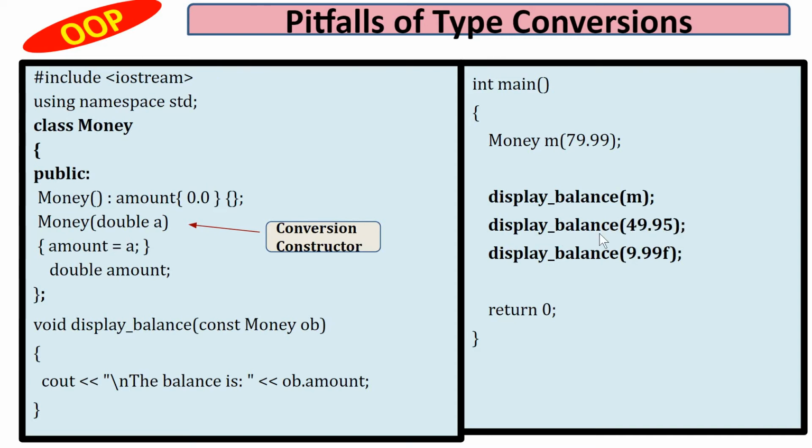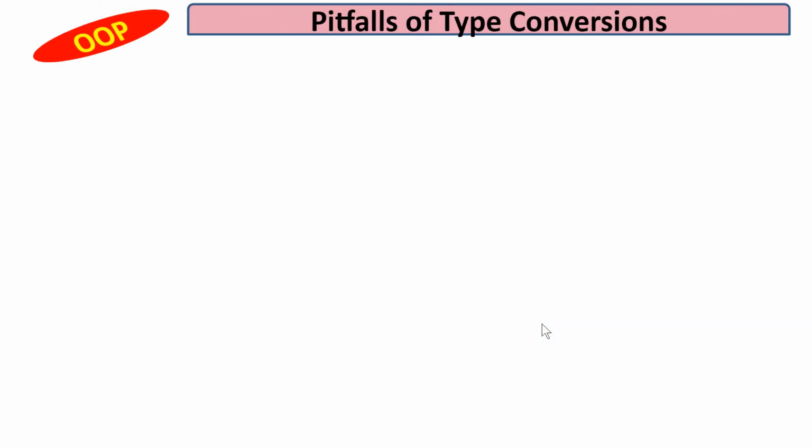So as we can see, display balance has just a parameter of type Money, whereas you are passing a parameter of type double, so this should be an error of incompatibility. Similarly the third asks for a float value. It will check that the parameter inside display balance is of Money type, so this should generate an error, but to your surprise there is no error generated.